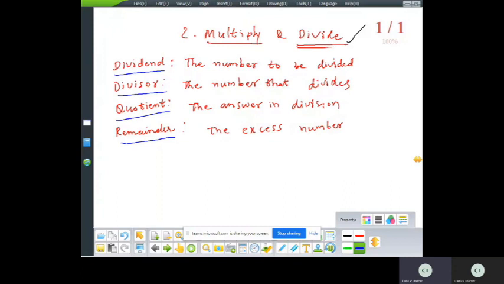Now, everybody open page number 28 in our maths textbook. Here we have a small box. In that box, complete the following table: given problem, quotient, remainder. Page number 28.